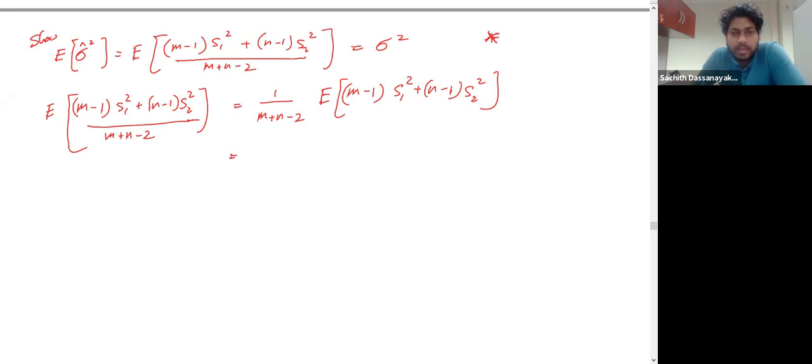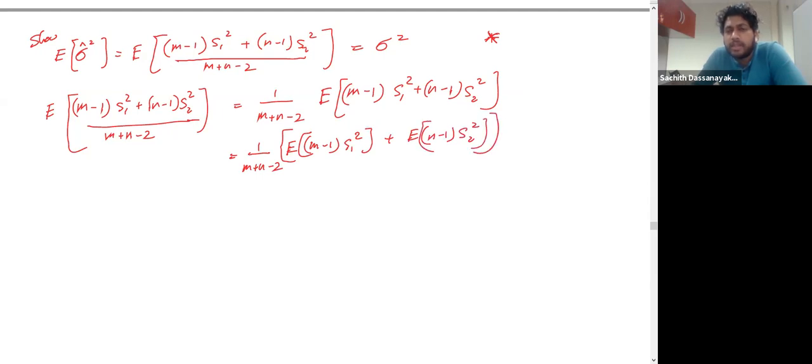You can rewrite this as 1 over m plus n minus 2 times the expected value of m minus 1 times S1 squared plus the expected value of n minus 1 times S2 squared. The reason is the samples are independent.